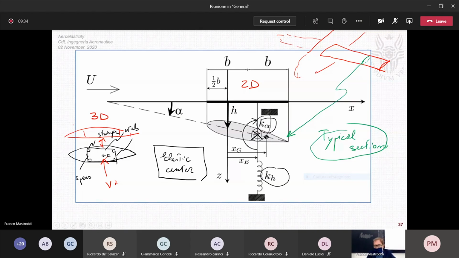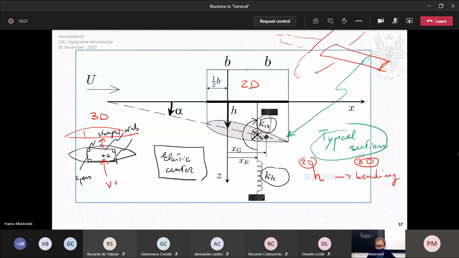Okay? And after this parallel similitude, we have that this h degree of freedom is actually representing in the 2D vision the role of bending motion you have in 3D vision.